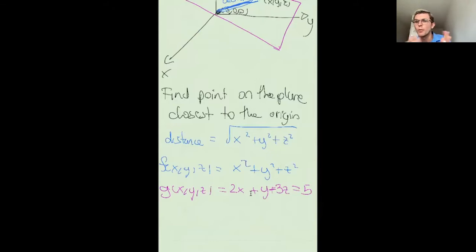One way to take that into account is by solving for z, for example, so that you make f a function of 2 variables, but that's not what we're doing right now. The alternative method is to use the Lagrange multiplier, where you just ask for the gradients to be parallel.